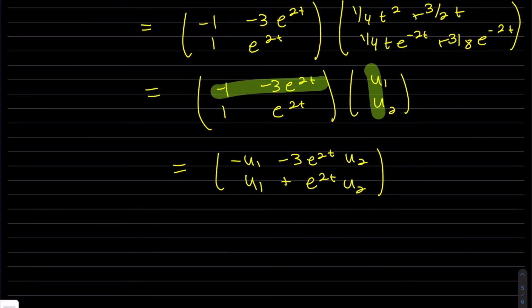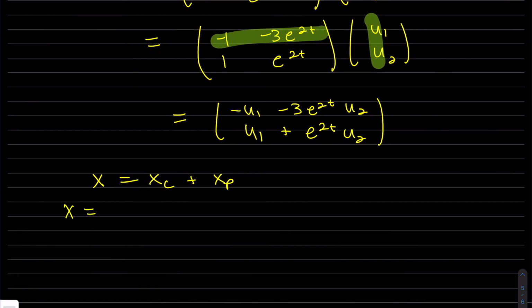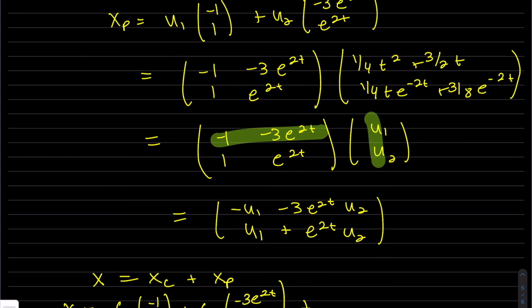But for brevity, I'm going to write out our general formula. So remember, it's C1. There's my x_c, my x_p. So you can see here, I just wrote this several different ways.